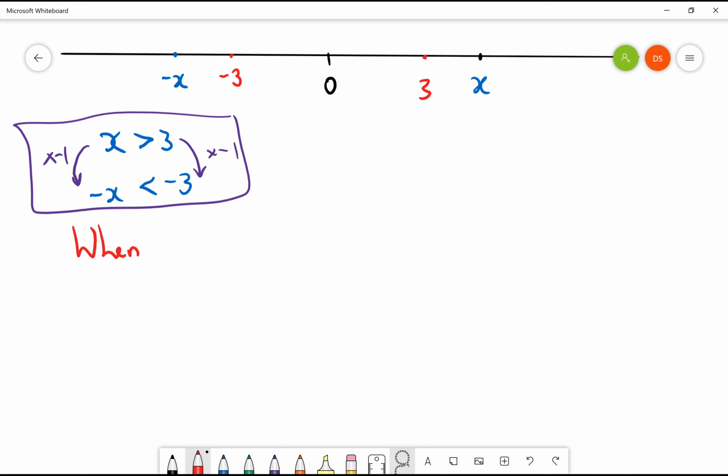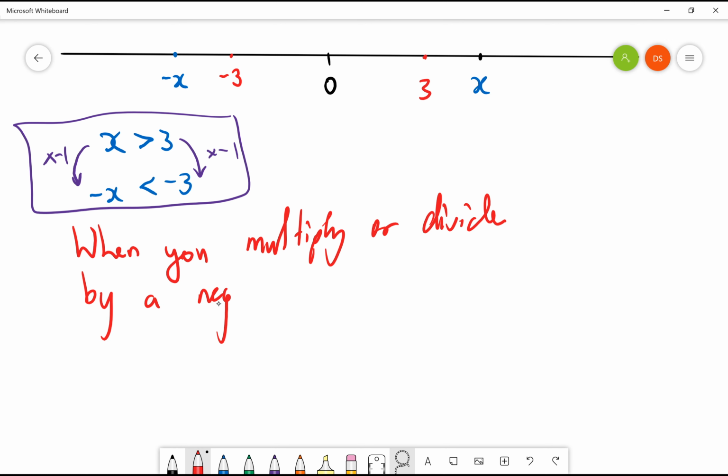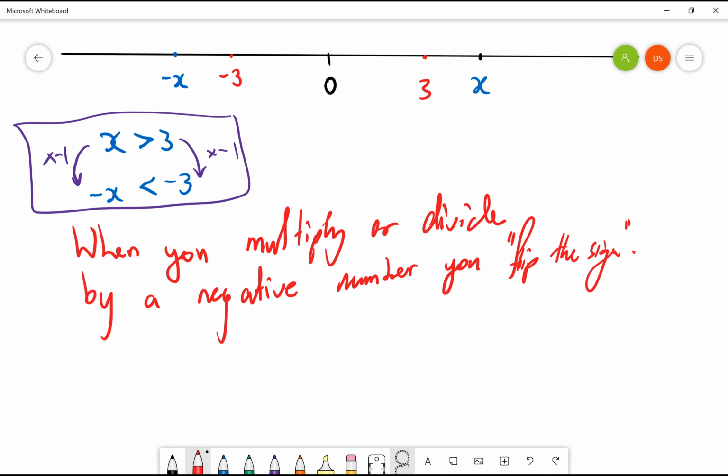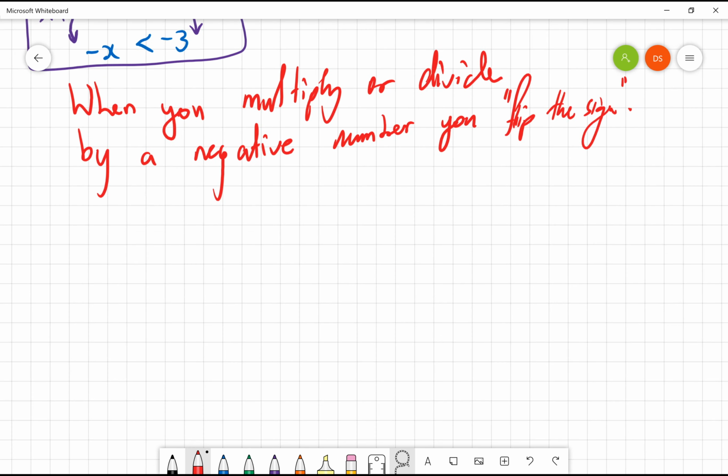When you multiply or divide by a negative number, you flip the sign. Okay? Now, does that make some sense? If so, let's try this question here.